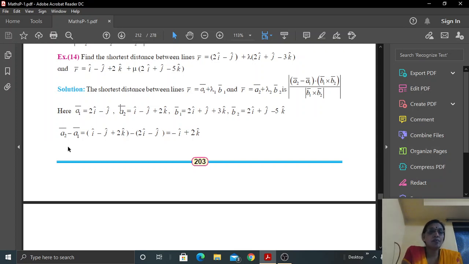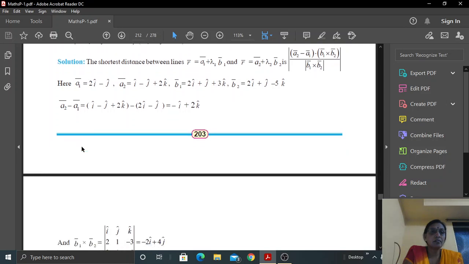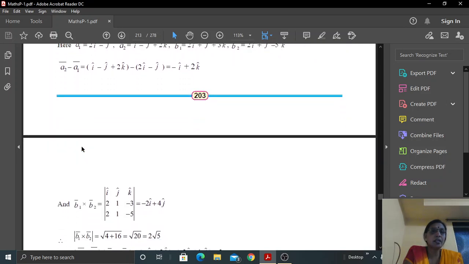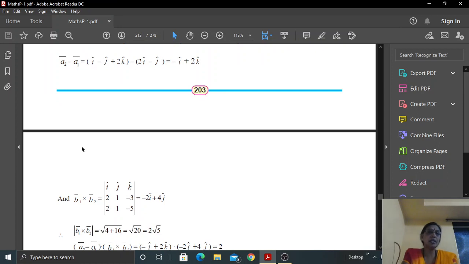Now find the values separately first. See here. First find A2 bar minus A1 bar, that is (i cap minus j cap plus 2k cap) minus (2i cap minus j cap).